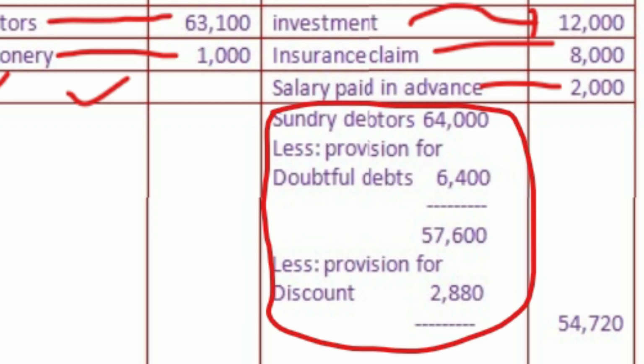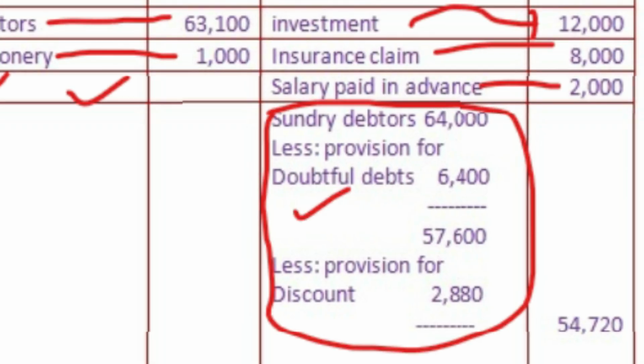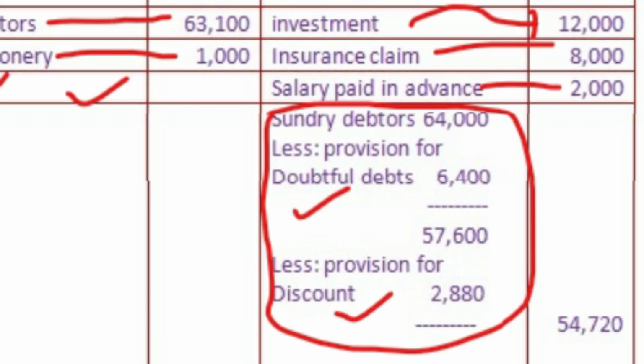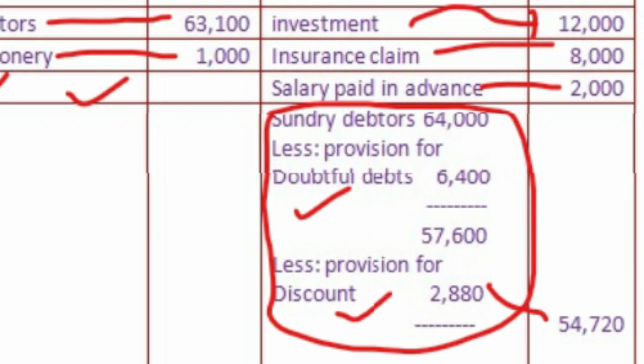Sundry debtors minus provision for doubtful debts minus provision for discount, and this net balance is also called the realizable value of sundry debtors, 54,720, after deduction of these two items.